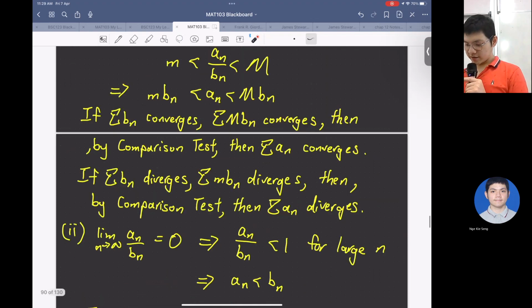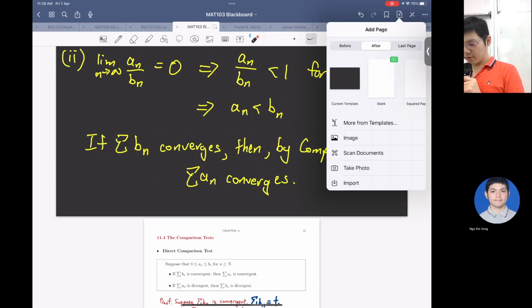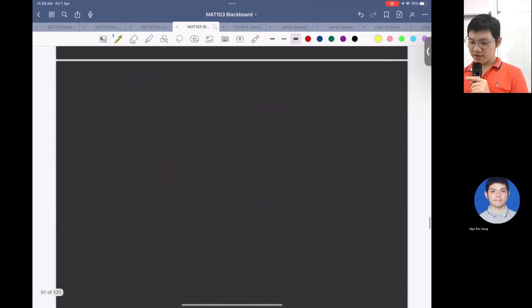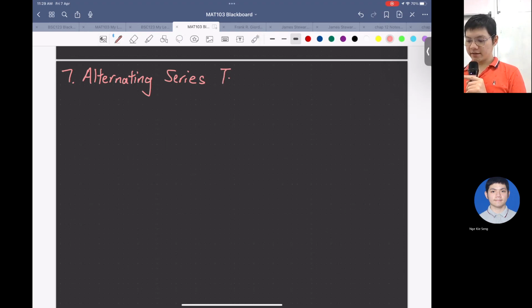I think we have the last one that we learned before we took a break last time, which is the alternating series test. So this applies to alternating series. You should start with an alternating series.